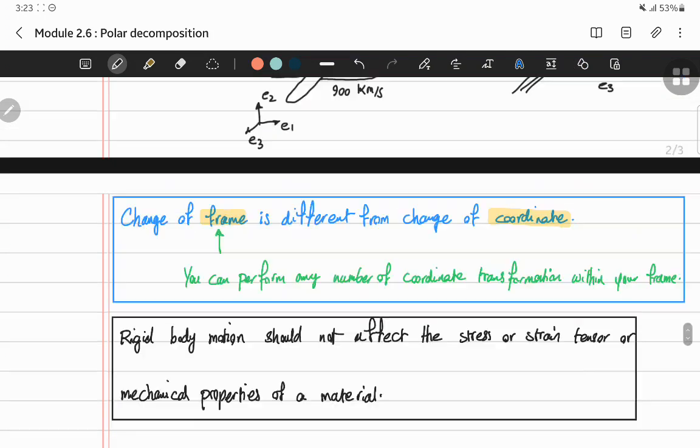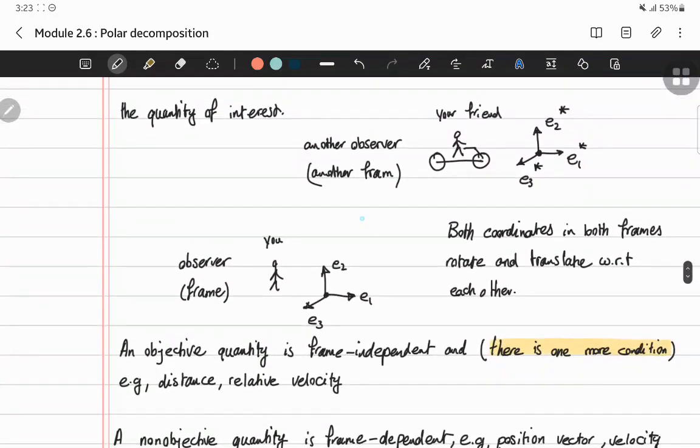So remember, if you're in your frame and your friend is in his frame, you have a bar under tension, for example, uniaxial tension. The stress is F divided by A, and this is the same from your frame and from your friend's frame.